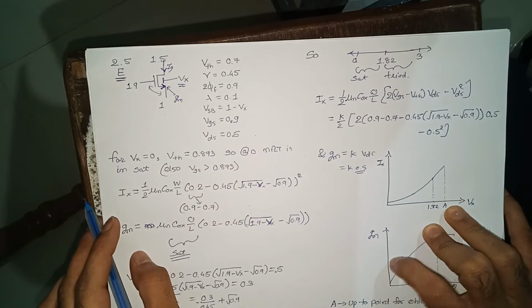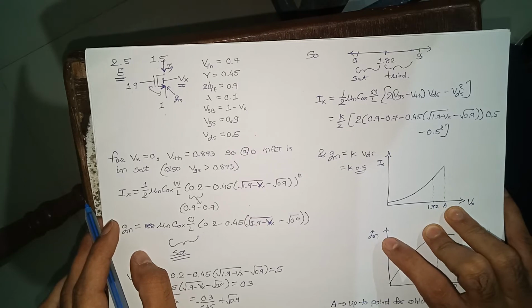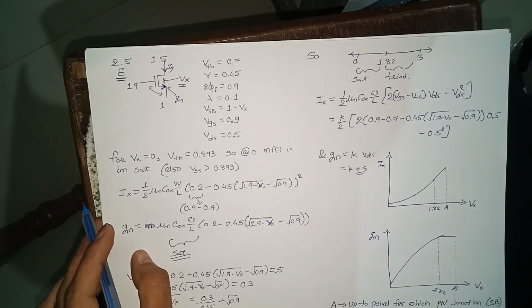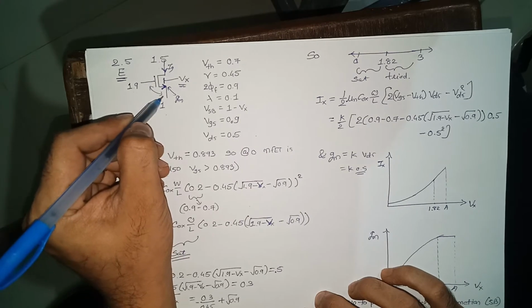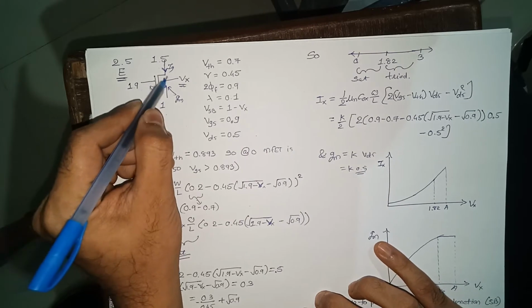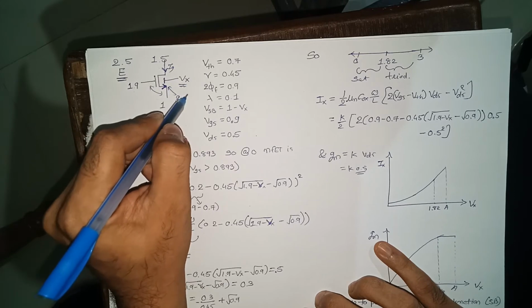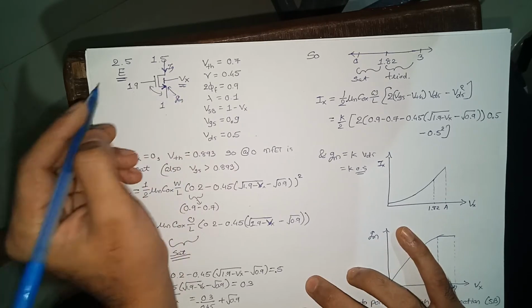All right, so how to start with this? First of all, we should see if this VGS is enough to make this device on for Vx equal to 0.